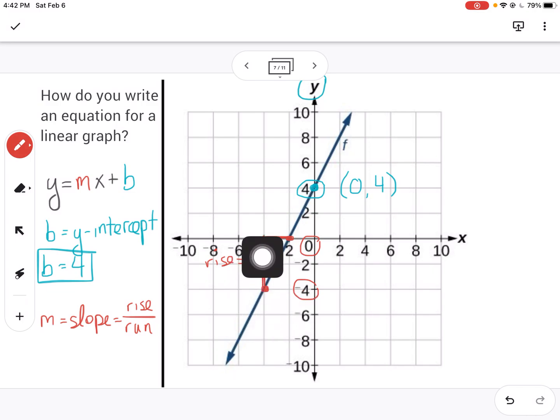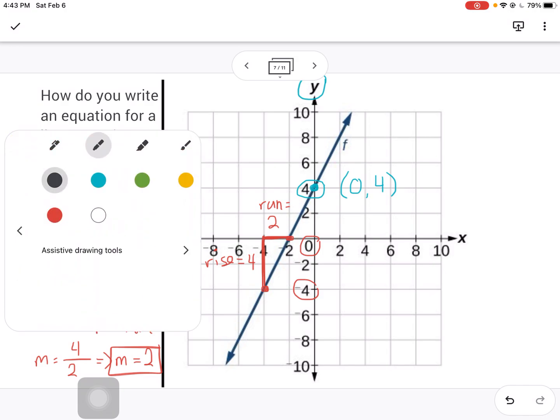-4 plus 4 would bring us to 0. Our rise is 4 over our run. We went from -4 to -2. That means our run is 2 because we added 2 to go from -4 to -2. 4 divided by 2 just means that m equals 2.